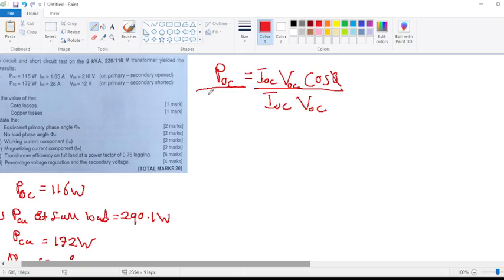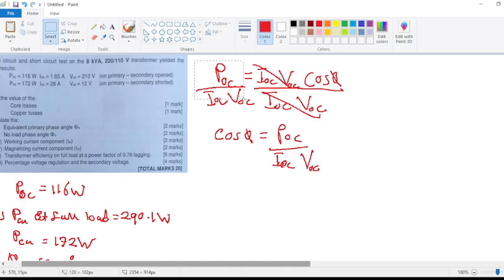So the current and voltage terms cancel, and we remain with cos theta equals the power on the open circuit over the current on the open circuit multiplied by the voltage on the open circuit. So this is our main formula.